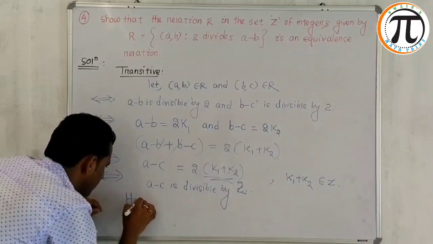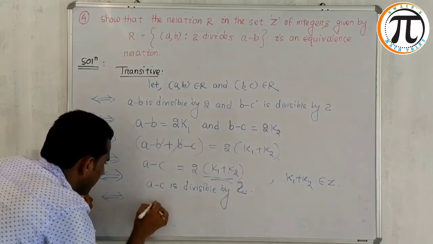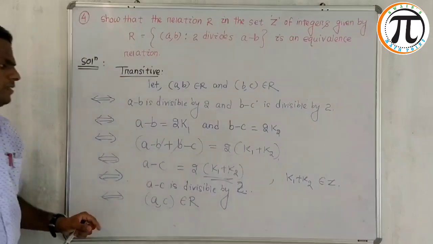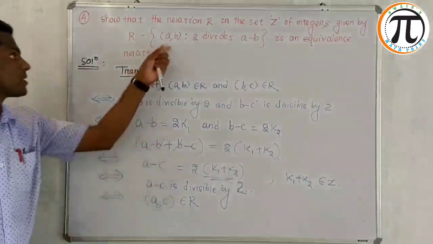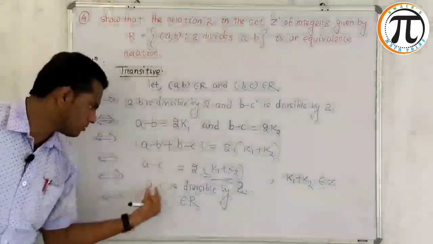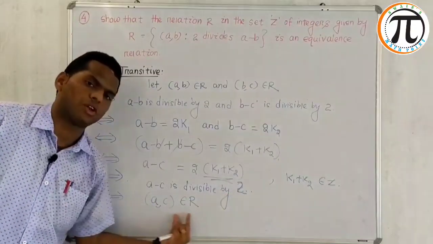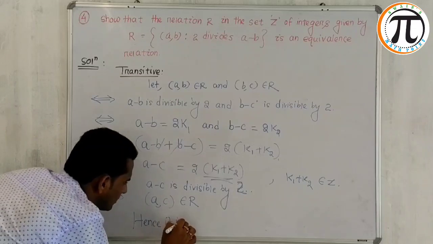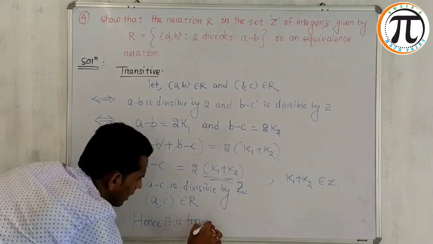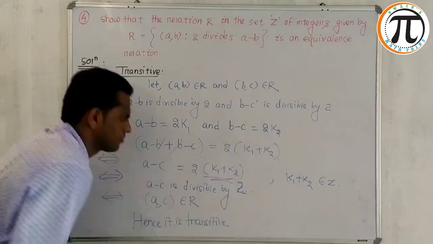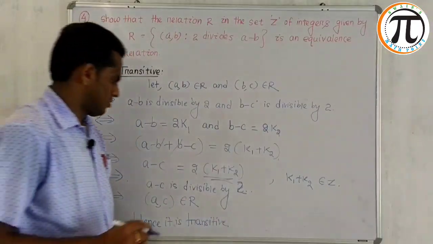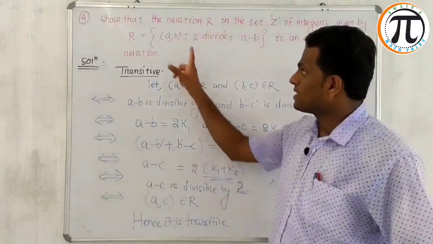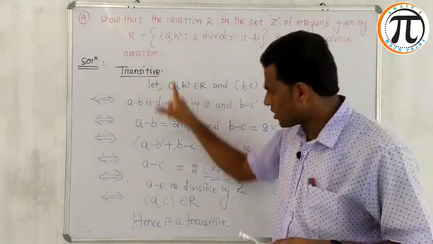So hence, implies that (A, C) belongs to R. Okay, this coming (A, C) मतलब what? 2 divides A minus C. देखो A minus C is divisible by 2. (A, C) belongs to R. Hence it is transitive. Clear? So now you can see that this relation is reflexive, symmetric, also transitive.